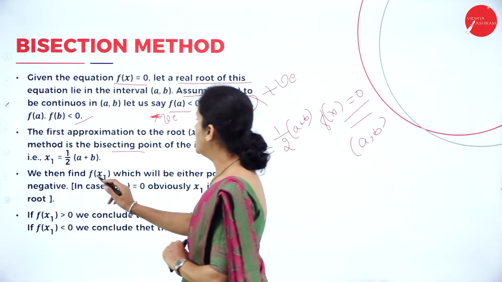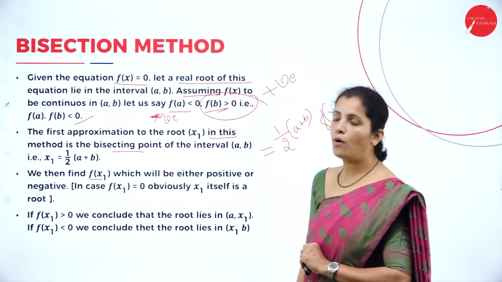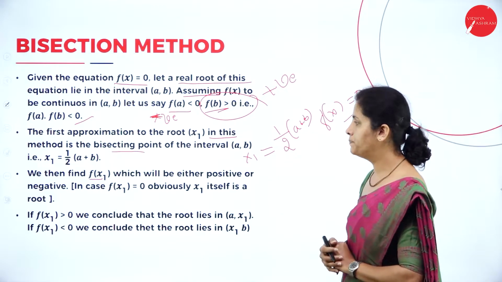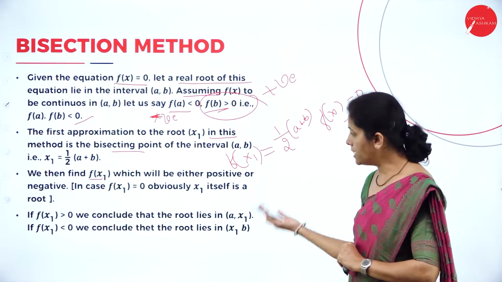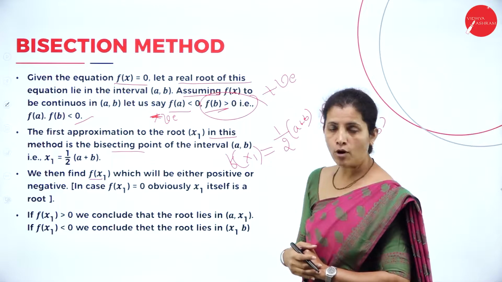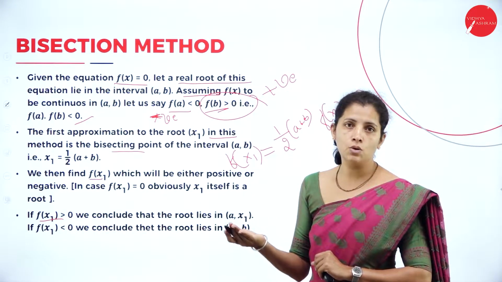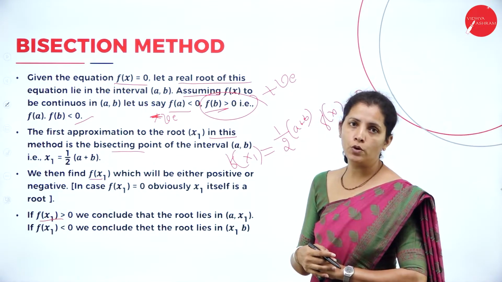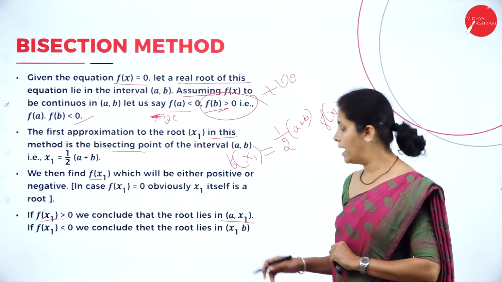Now, f(x1) will be either positive or negative. If f(x1) is positive, that is, f(x1) > 0, then I'm going to conclude that the root lies between a and x1.